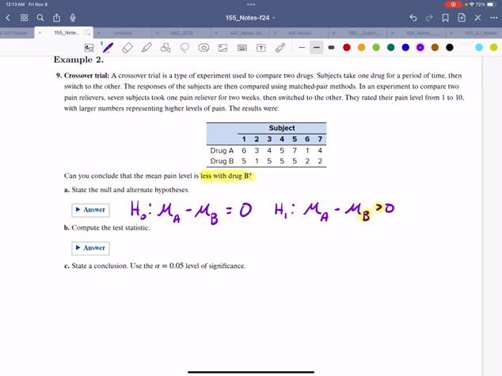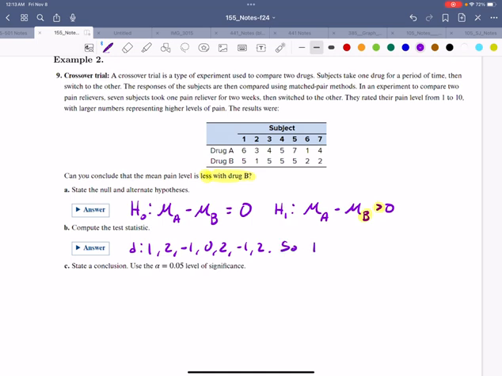Now compute the test statistic. Again, we could even do this by hand if we really wanted to. D is going to be, I'm just looking at the difference here: 1, 2, -1, 0, 2, -1, 2.